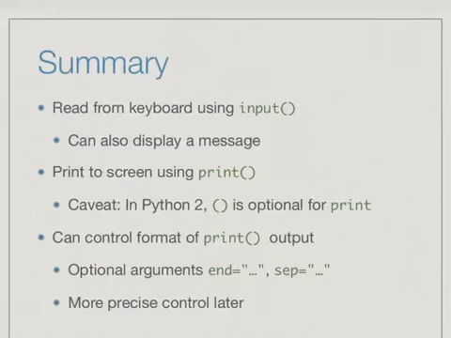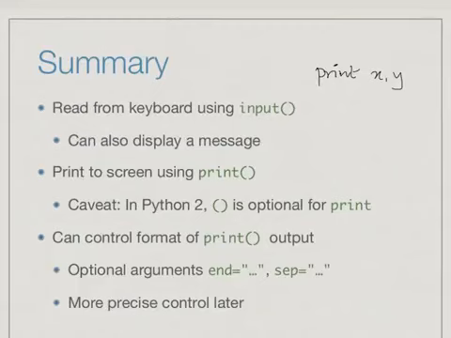In Python 2, you can say print, space, and then give what is given as the arguments to print in Python 3. Python 3 insists on it being called like a function with brackets. In Python 2, the brackets are optional. So you will very often see in Python 2 code something that looks like print x y, without any brackets. This is legal in Python 2. This is not legal in Python 3. So just be careful about this.